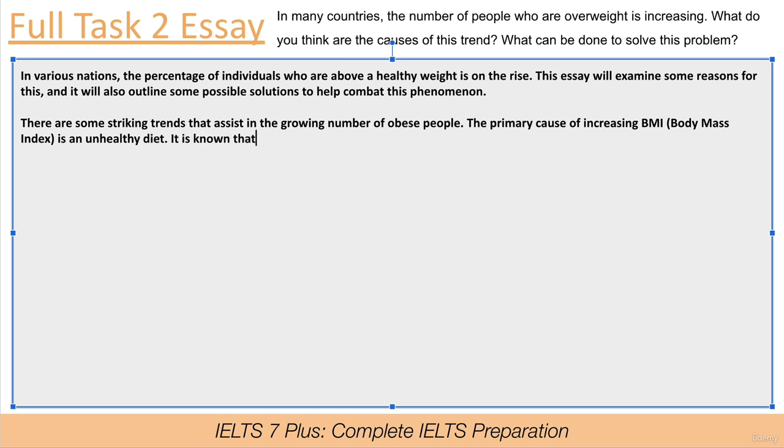It is known that what food we consume constitutes around, I think it's 80% of our health, body weight.